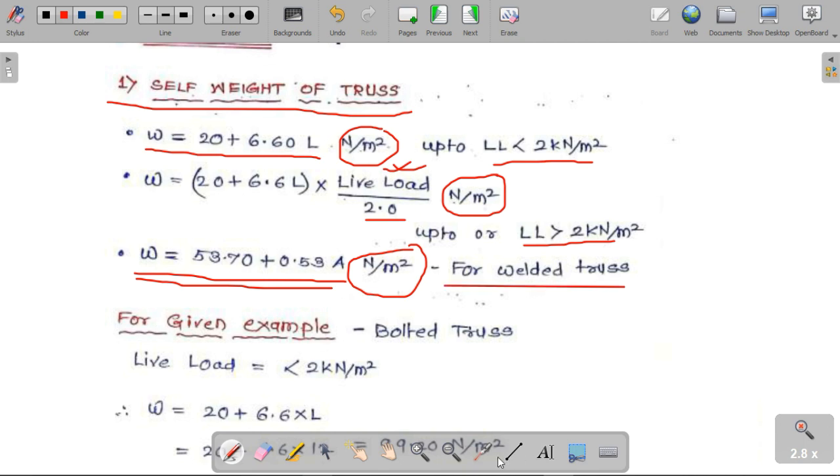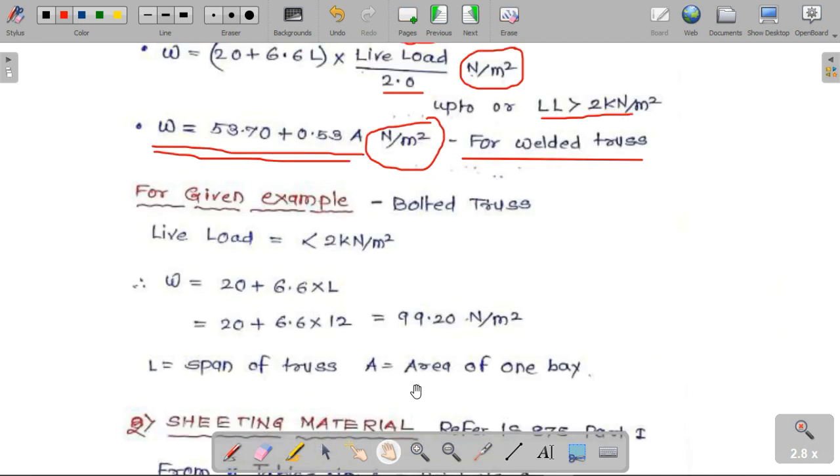So now, whatever truss that we are designing, we are assuming that it is a bolted truss. So we'll be using the bolted truss equation assuming the live load is less than 2 kilonewton per meter square.